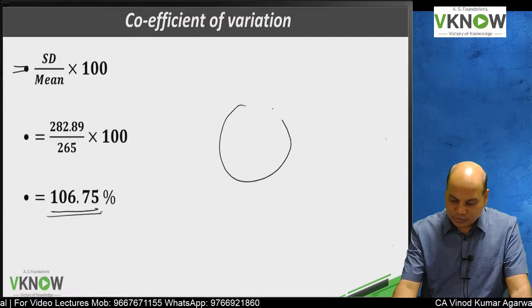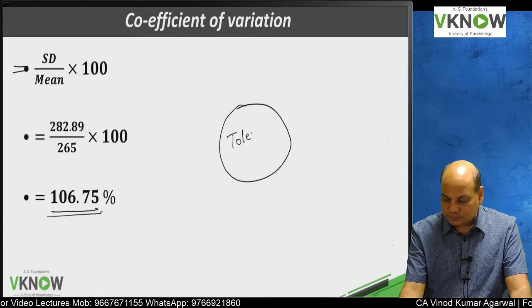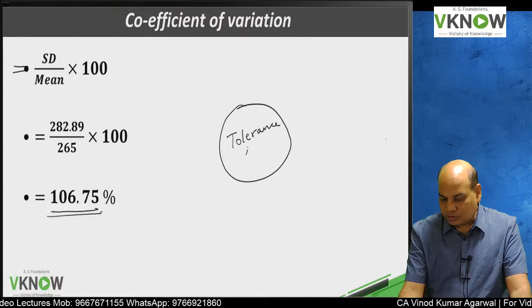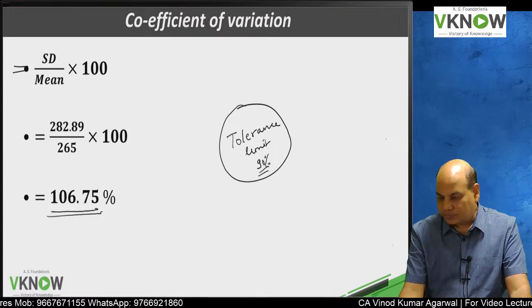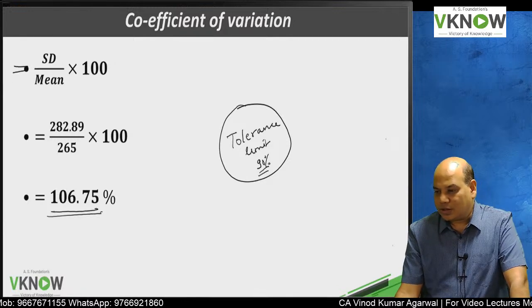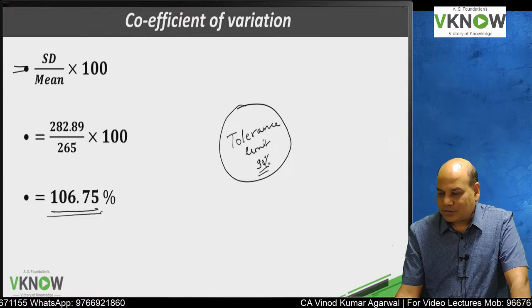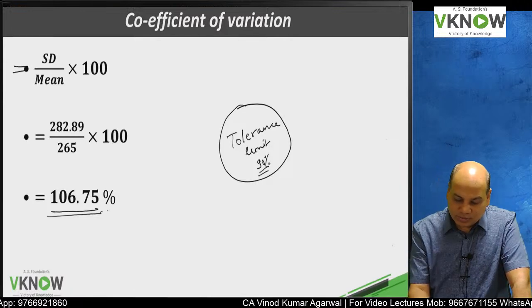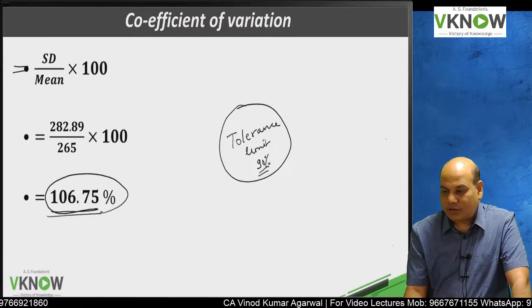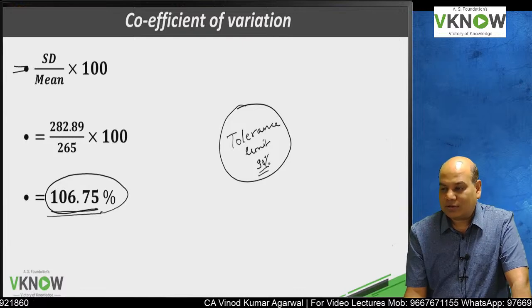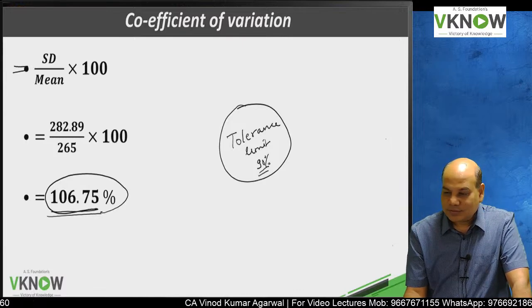And what is your tolerance limit? 90%. You are saying that if coefficient of variation, that is risk as a percentage of return, is 90%, I am going to accept. But here my risk as a percentage of return is more than 90%.